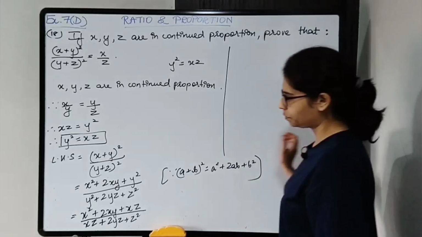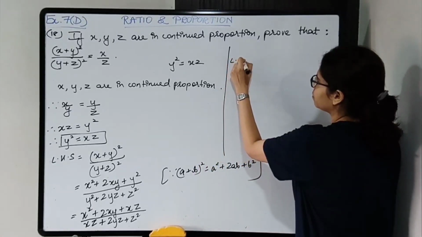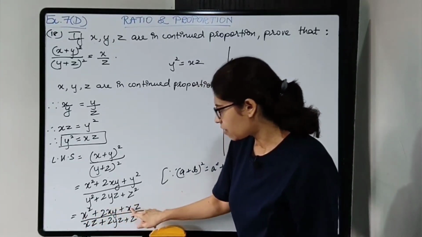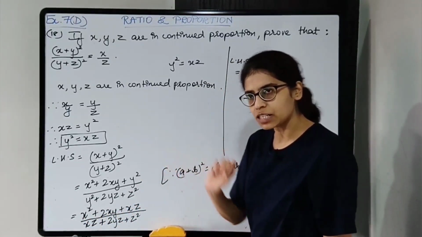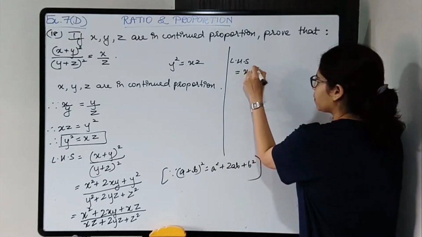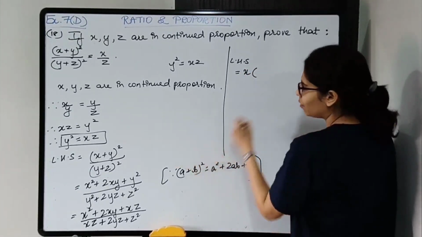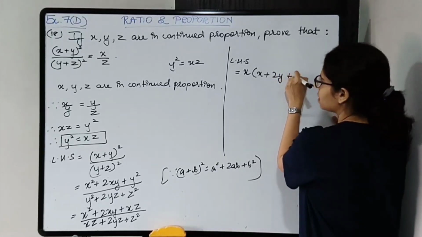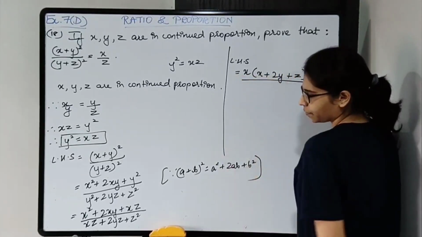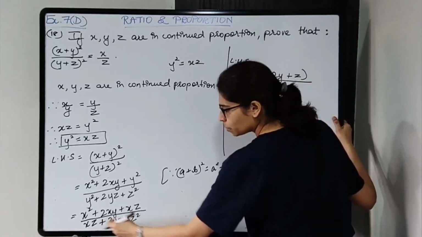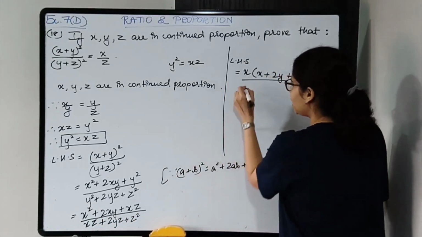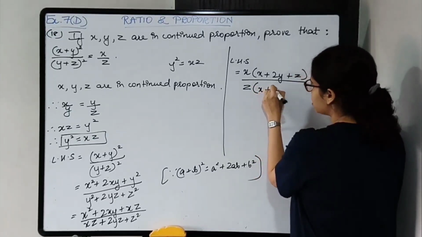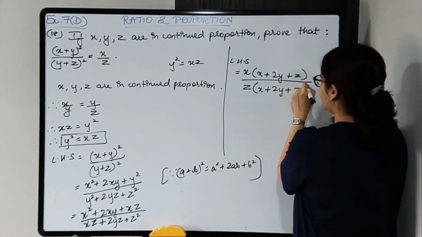Now here I have x common, so let's take x common. What is left inside the bracket? 1x plus 2y plus z. In denominator, what can I take common? Z. So taking z common, in bracket you are left with x plus 2y plus 1z.